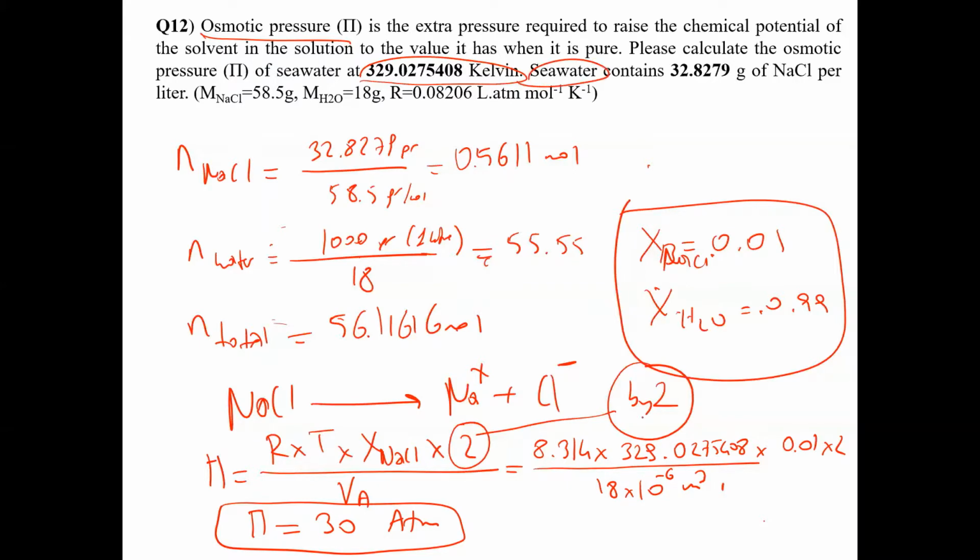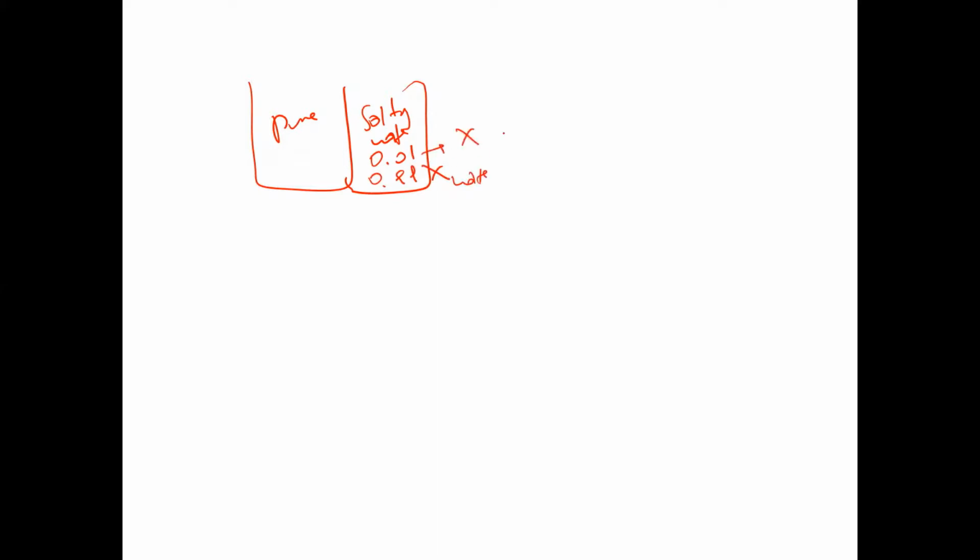What does it mean? One side here is pure water, and this is the salty water. This is 0.01 and 0.99 X water, and this is X sodium chloride.